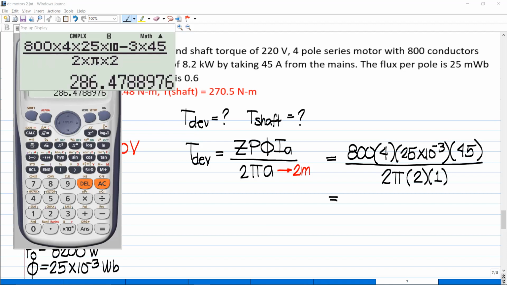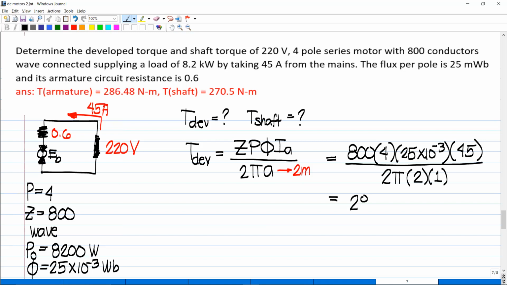So our first answer is the T developed 286.48. 286.48 Newton meter. So this is the T developed or the torque developed in the armature.